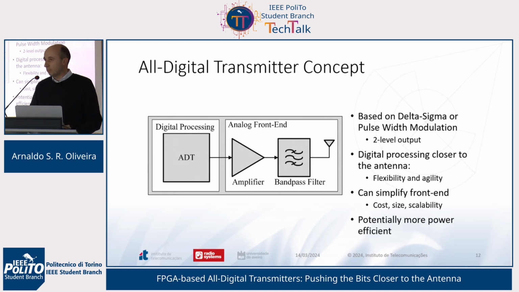For such purposes, what we need is a high-speed serializer that takes the samples produced inside the FPGA or the digital device in general, and puts them outside the device, in order to support some kind of pulse modulation.